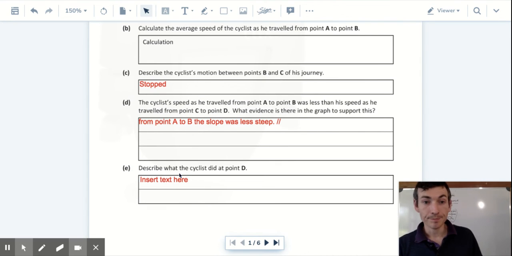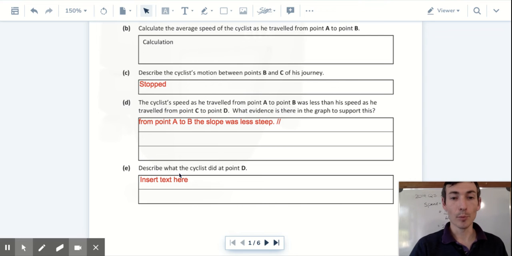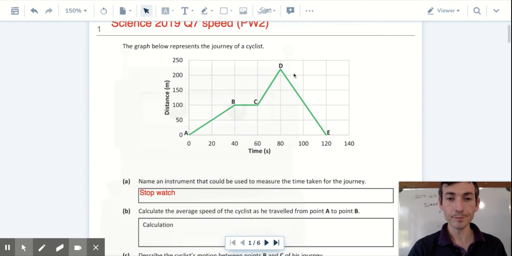Now part E. Describe what the cyclist did at point D. What did the cyclist do up here at point D? Let's say point A is his house, at 0 meters. At point B, he's 100 meters away from his house. At point D, he's a little bit over 200 meters away from his house.